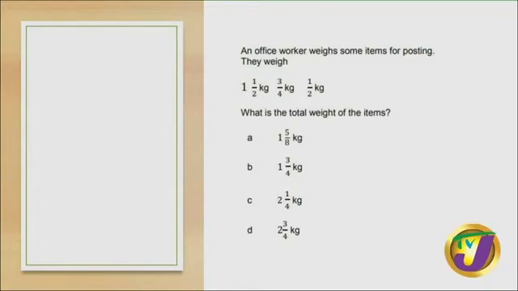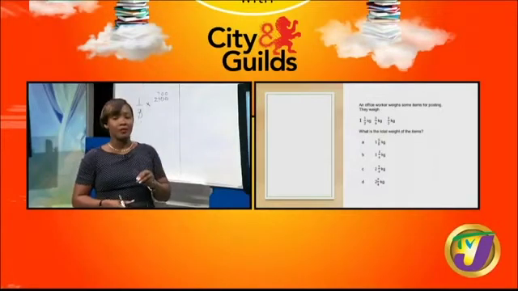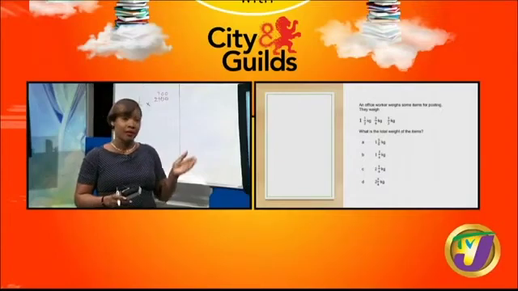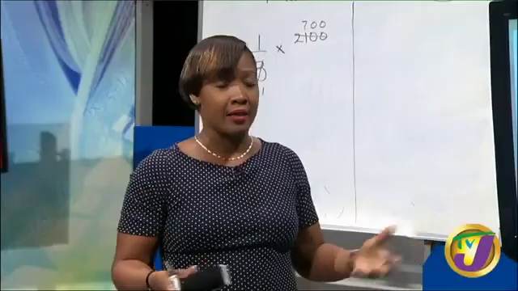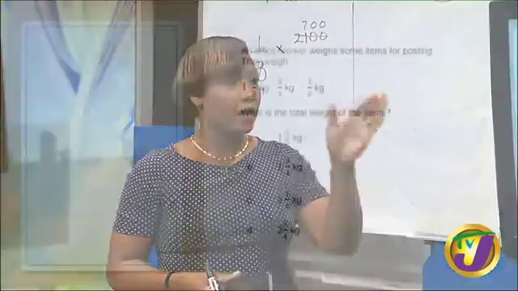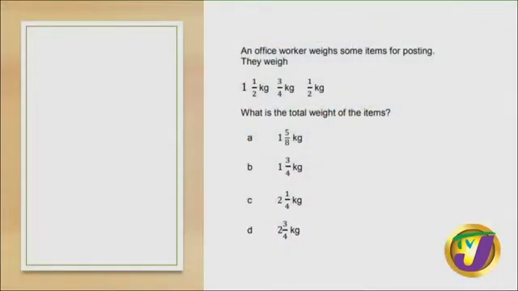Now remember from the previous question, I said try to always be efficient when you're performing these math questions. Look at the 3 measures that you need to add together. You have 1 1/2 kilograms and you have 1/2 kilogram. It's best if you add those 2 first because they're from the same whole.